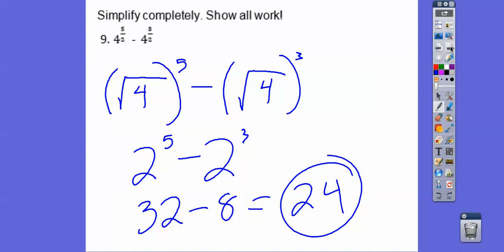So 4 to the 1/2 is the square root of 4. So here's my 5/2 power, and the square root of 4 is 2. Here's my 3/2 power. There's a 2 right there. So 2 to the 3rd is 8. Anyway, you should get 24.